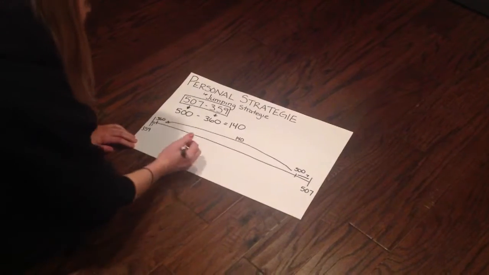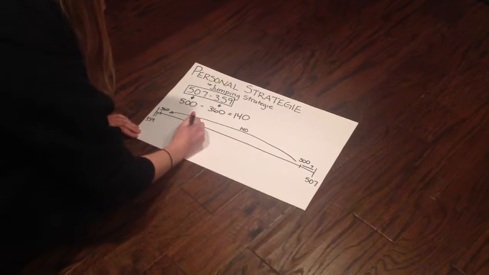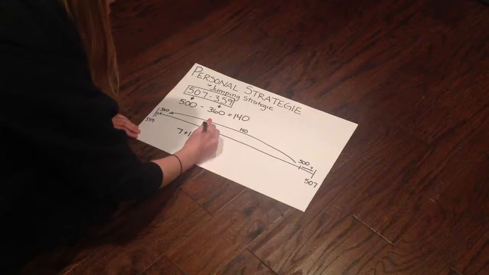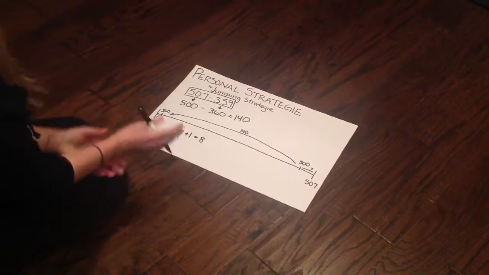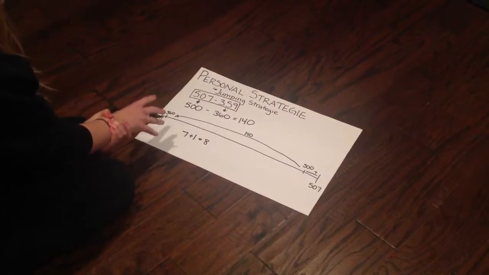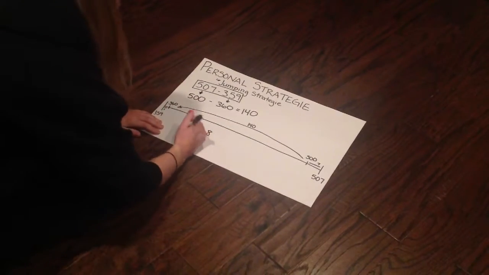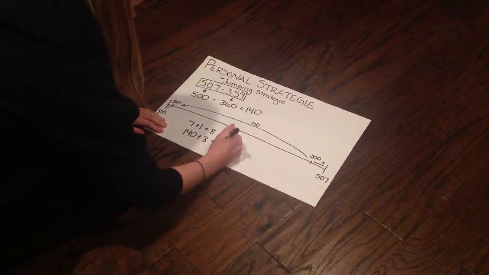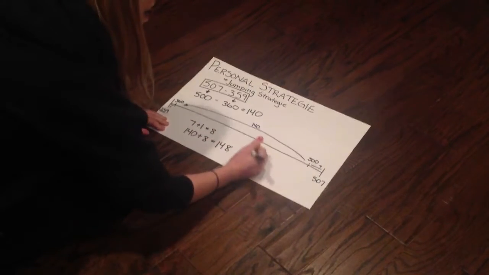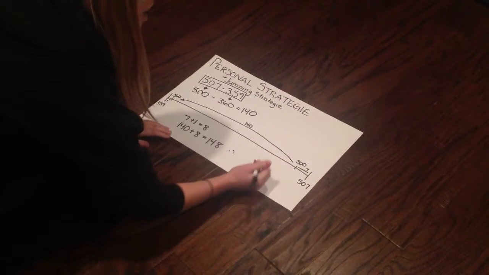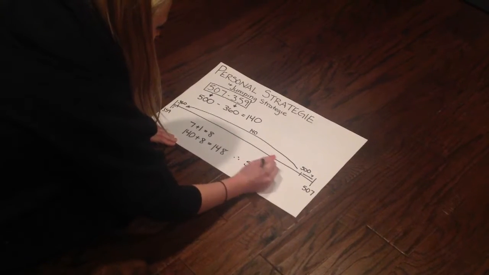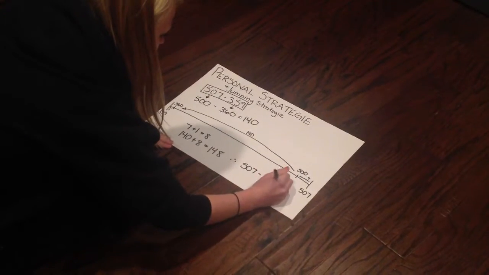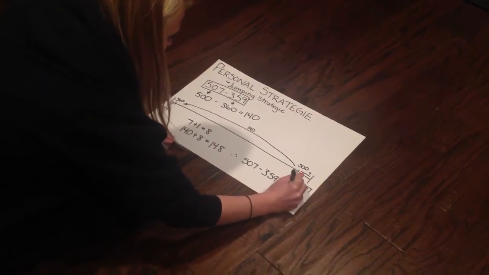So next, what we're going to do is we need to add 7 to 1, which is 8. And now to get my full answer for 507 minus 359, I need to add 140 and 8 together to get 148. Therefore, 507 minus 359 equals 148.